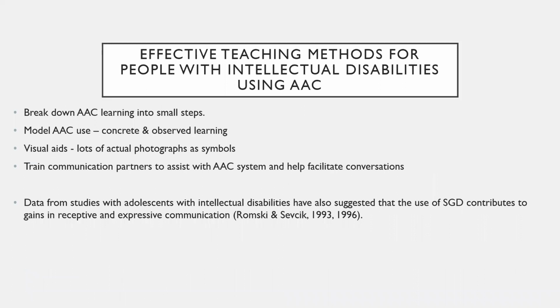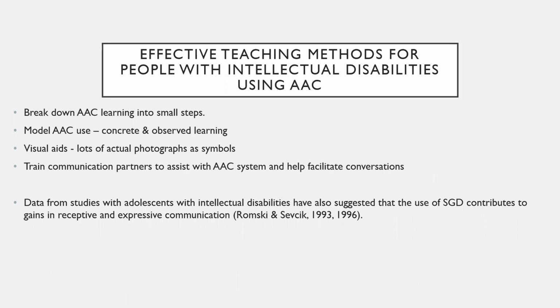Okay, so what are some good effective teaching methods for people that have intellectual disabilities? Well, the first thing we want to do is break down AAC learning into small steps. So each learning task is introduced one step at a time, and this really avoids overwhelming individuals.